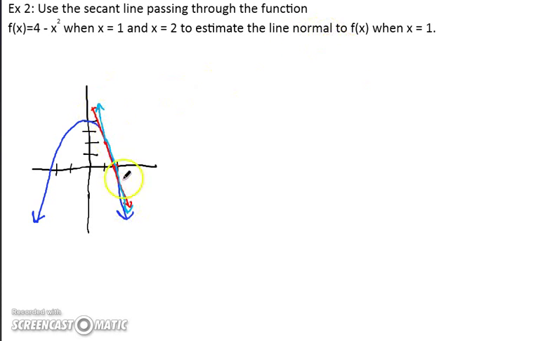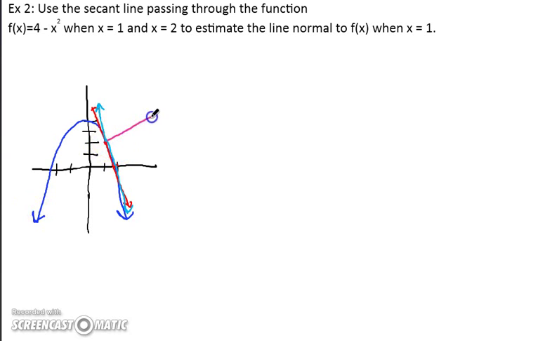But the light blue line's going through just x equals 1. The red line is going through both points. Now they're going to be close because the points that we have on my secant line are pretty close to each other, right? The closer I put these 2 points on the secant line, the closer it's going to get to this tangent line. If I were to take this point here and scoot it closer, I'm going to get closer and closer to that blue tangent line. But we're going to try to use that to come up with the slope of the line that's perpendicular.